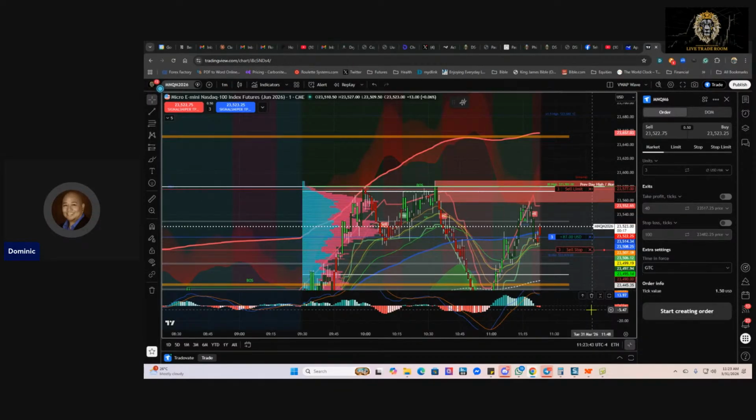So there's a bounce off the 55 EMA. Let's see if we can test this level again. This one, right there.